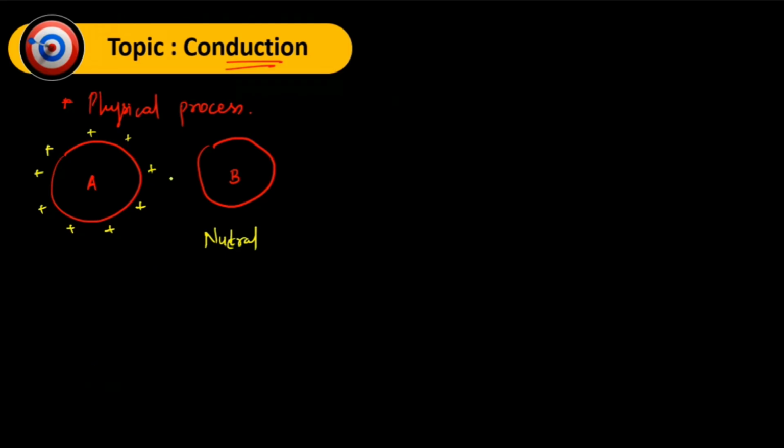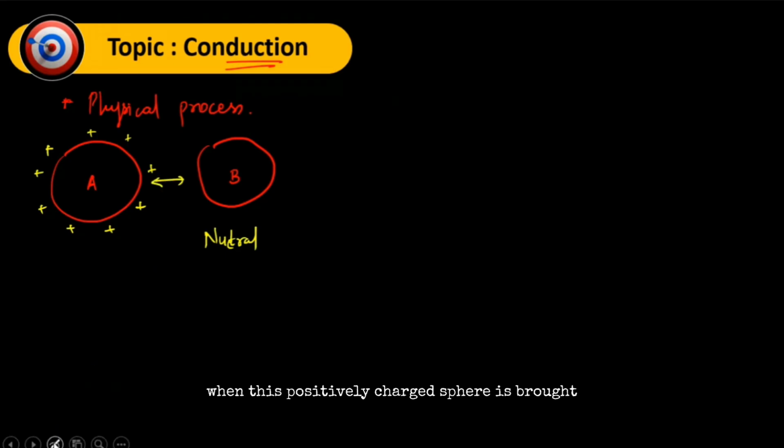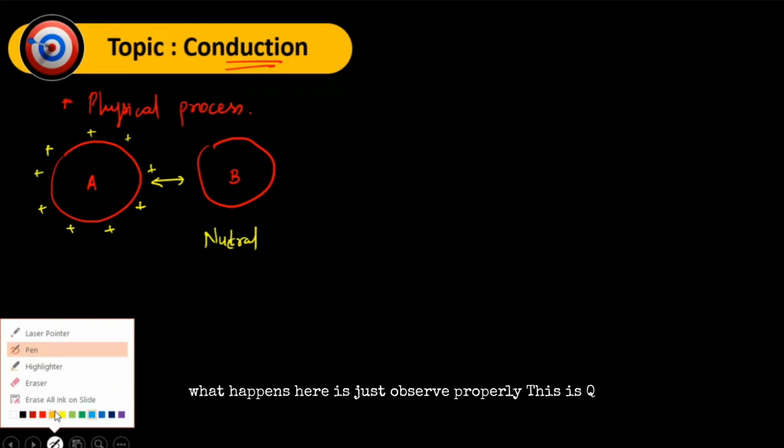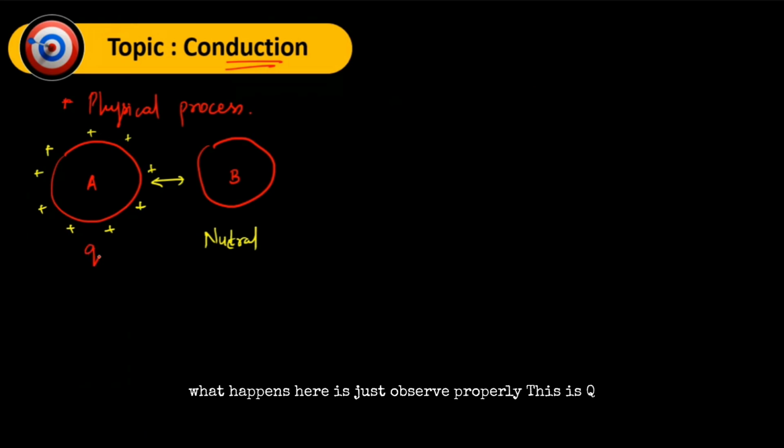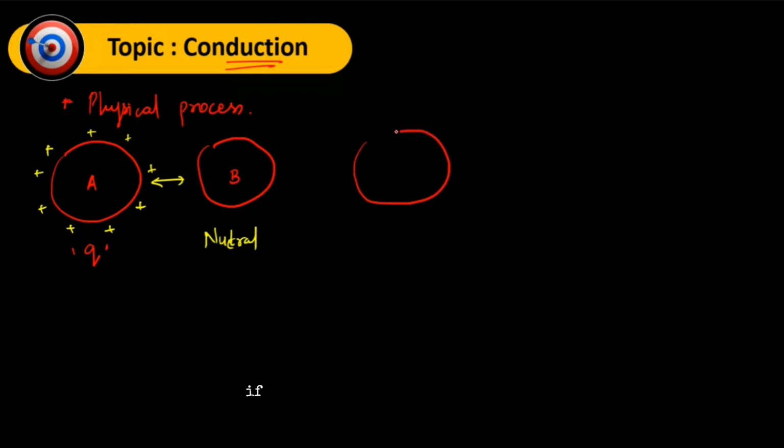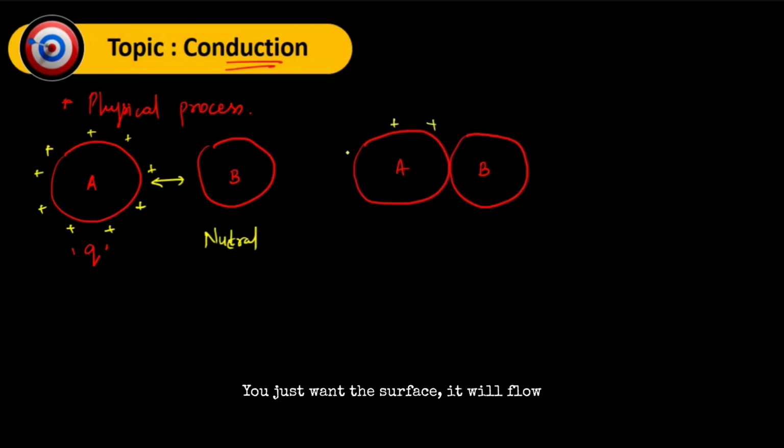So what happens here is, when this positively charged sphere is brought near the surface of this neutral sphere B, just observe properly. This is Q. I can assume that it has some charge Q. So if A is brought in contact with B, charge has a very basic tendency. It flows. So this positive charge will equally spread across both the surfaces.